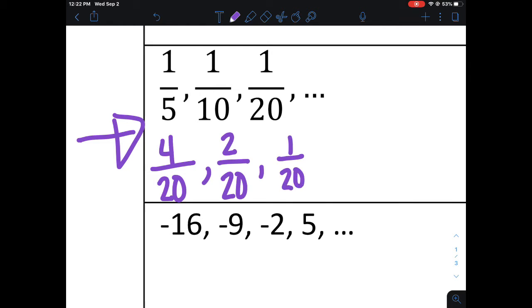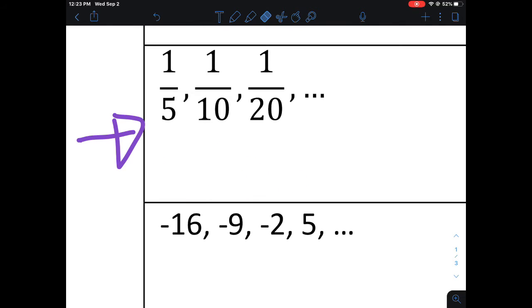We'll keep the next one the same. Looking at this, 4/20, 2/20, 1/20. It looks like I'm going down, but I'm not going down by a consistent number. The difference from 4 to 2 is 2, and 2 to 1 is 1. So addition and subtraction is out. That didn't really help me at all.